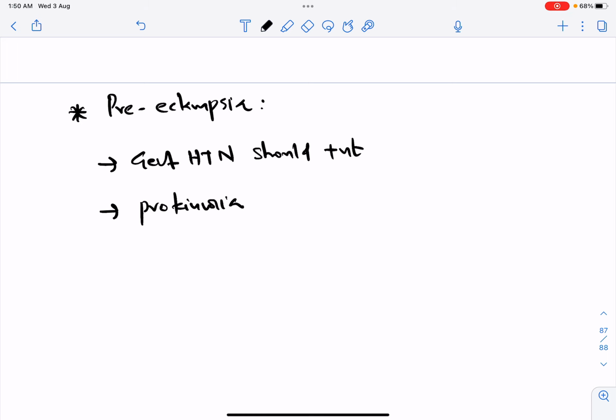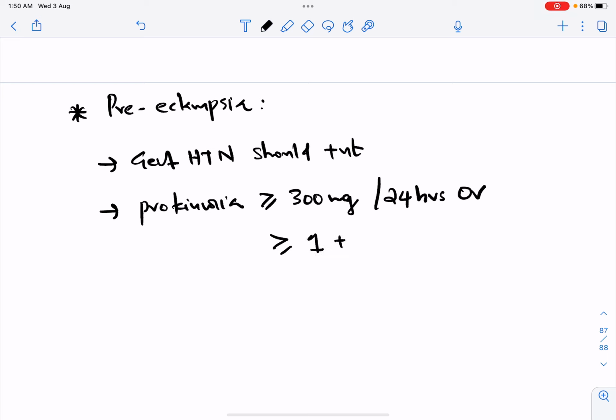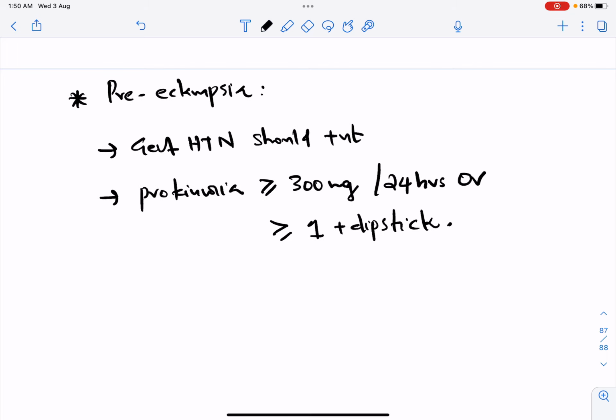Proteinuria at a level more than 300 mg per 24 hours or 1+ on dipstick. Okay, then it is called preeclampsia.